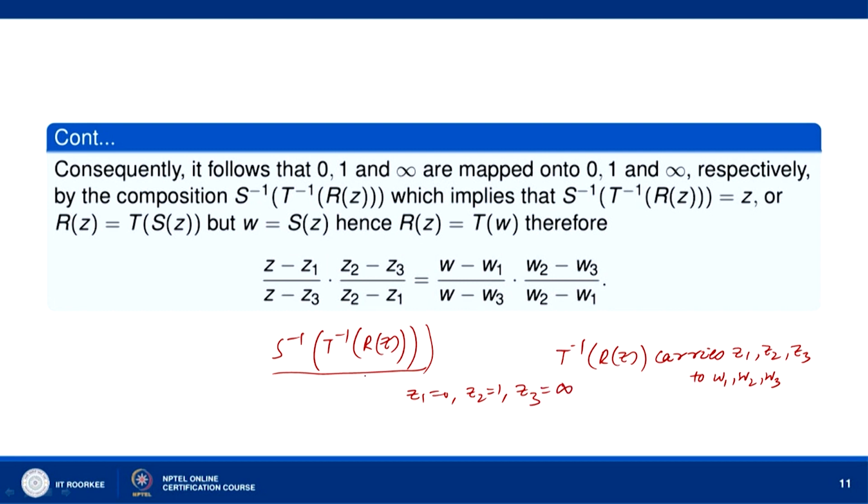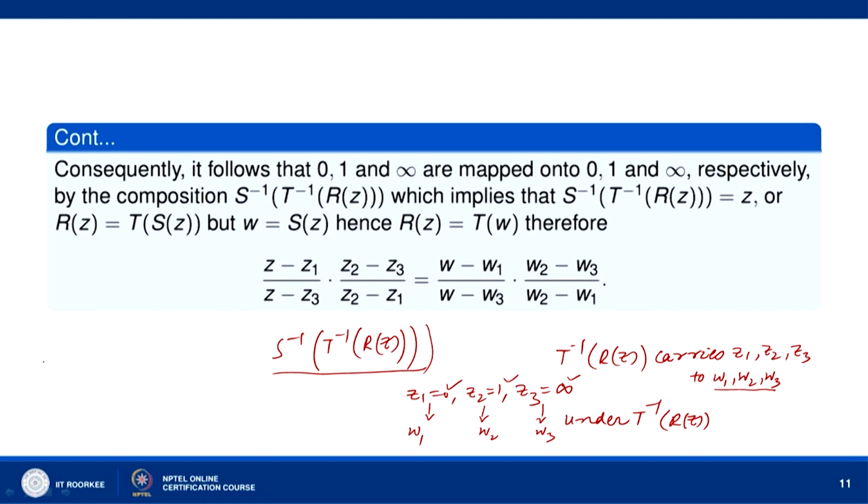Then Z1, Z2, Z3 are 0, 1 and infinity. Under this mapping T inverse Rz, suppose this goes to W1, this goes to W2 and this goes to W3 under T inverse Rz.